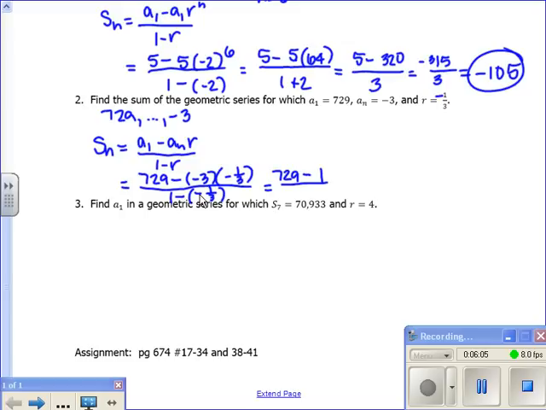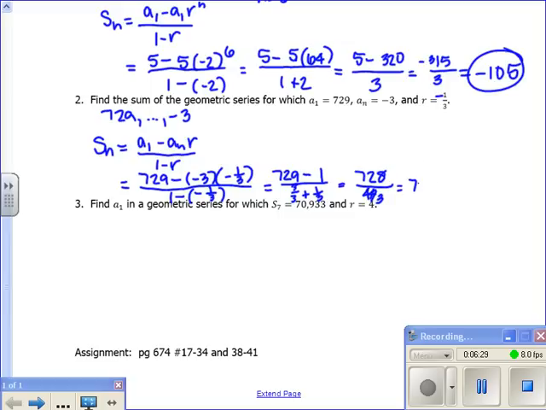Well, first of all, this is going to change to plus. 1 plus 1/3. Now this is like we have 3 over 3 plus 1 over 3. 729 minus 1 on top is just going to give me 728. Over 3 over 3 plus 1 over 3 is just 4/3, and again that's something you can use your calculator for.